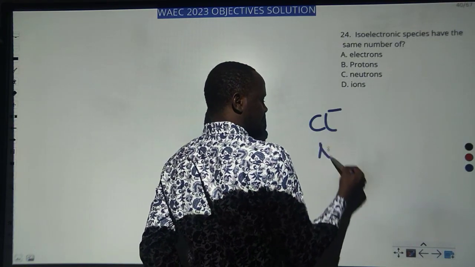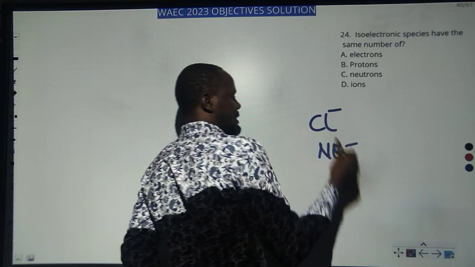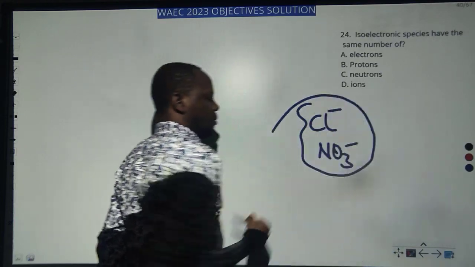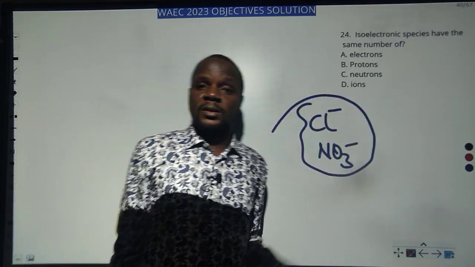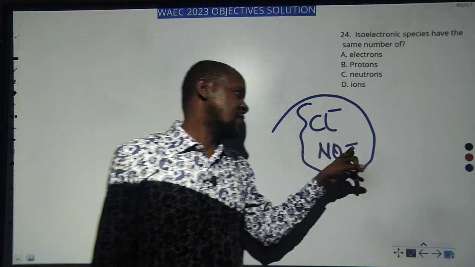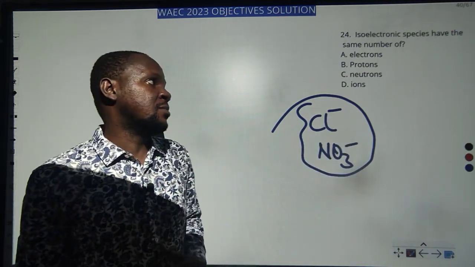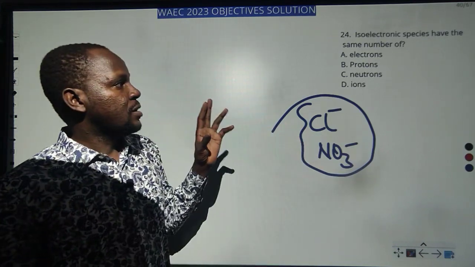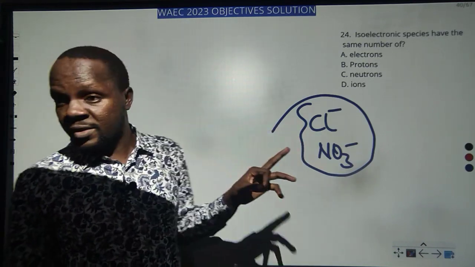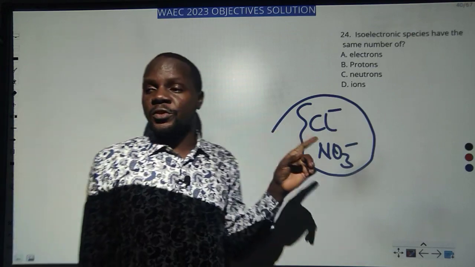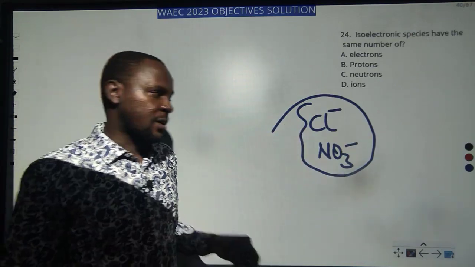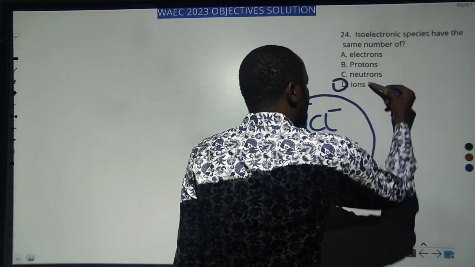I just want to get NO3 minus. I can say they are isoelectronic. Why? Iso means same. So the thing is, it's not the same electron, it's not the same proton, it's not the same neutron. Do you understand that? I don't think this one should be a problem.